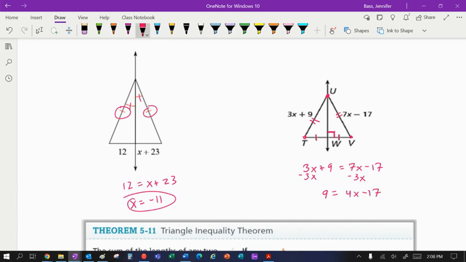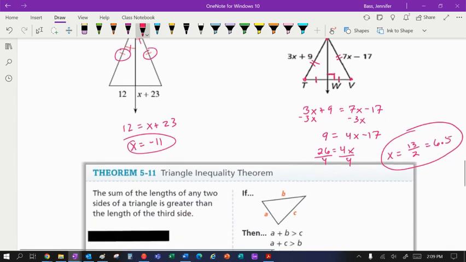And then we're going to add 17 to the other side, which gets us 26 equals 4x. And then divide by 4. It does not go in evenly, so we can leave our answer as a fraction. You can leave it as 13 halves, or if you want, you can make it 6.5. Either one is correct.